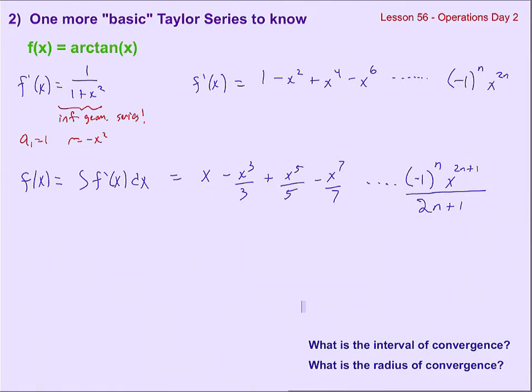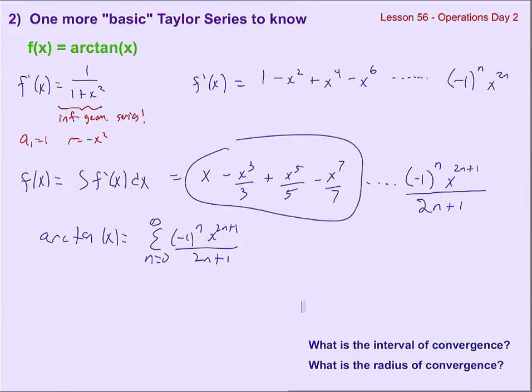So that means that f of x, our arctangent of x, is equal to that infinite sum. The infinite sum, we're starting when n is 0, because that way we'll start with negative 1 to the 0 power. We'll start with a positive. Negative 1 to the nth times x to the 2n plus 1 over 2n plus 1, which, if you write out the first few terms, you can see the pattern pretty clearly.